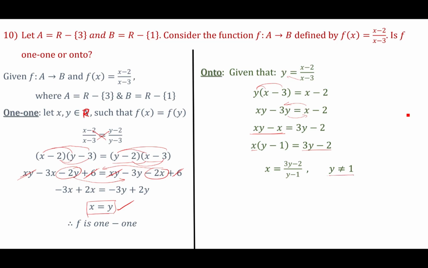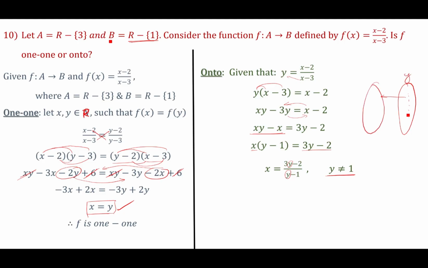And here y is not equal 1, which is what set B says, all real numbers except 1. So if I plug in all real numbers of y, I am getting something in x, something in domain, which means all codomain values have a pre-image in its domain.